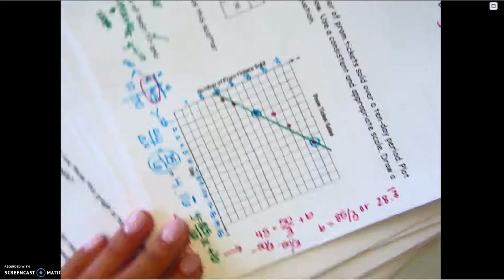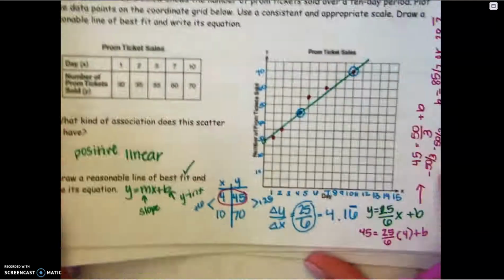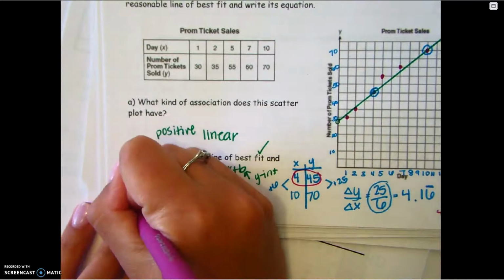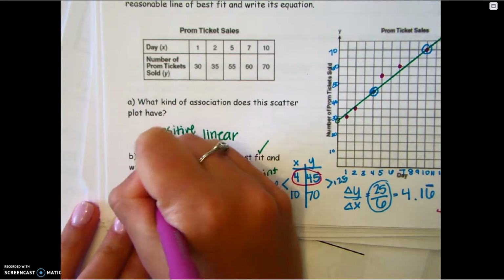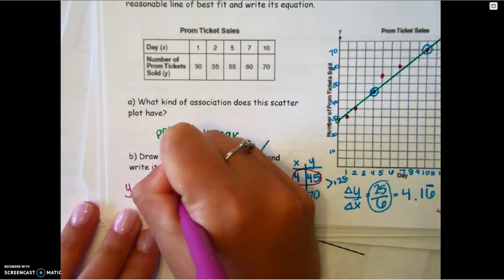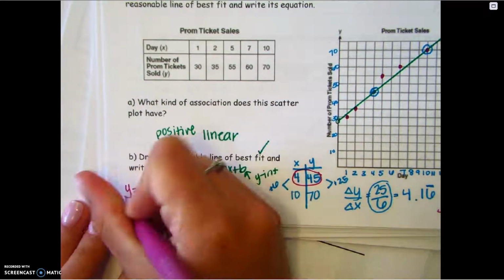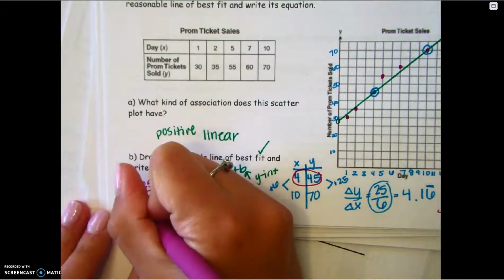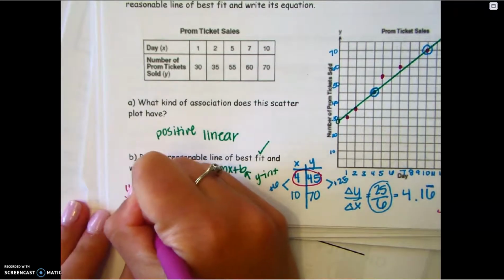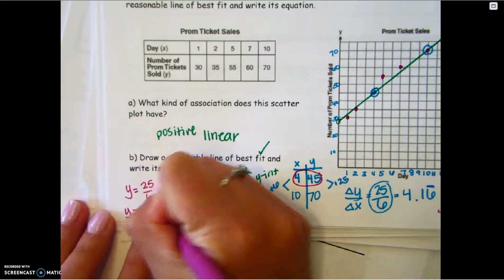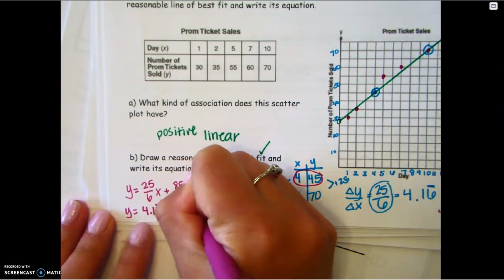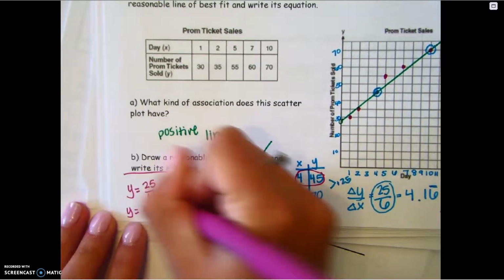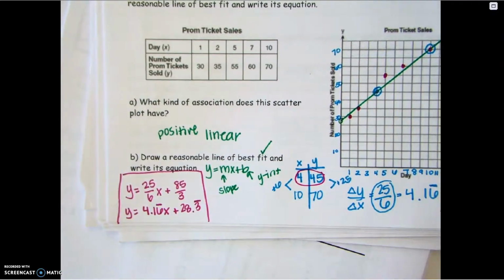So now my equation of the line is y equals 25 over 6x plus 85 over 3, or if I change it to decimal form, it might make more sense. Either one of those will model that line of best fit, okay?